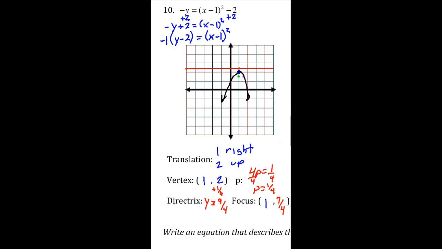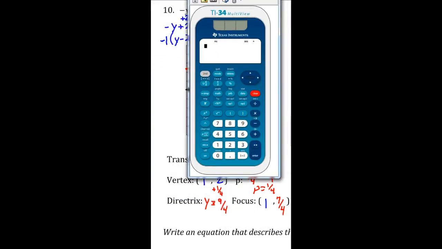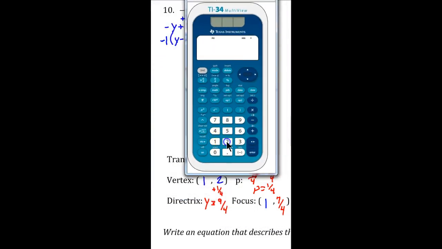Don't be afraid to use that calculator. If you're not sure, you just punch in 2 plus fraction 1/4. Hit enter. There it is, 9/4. Just to double check and make sure.